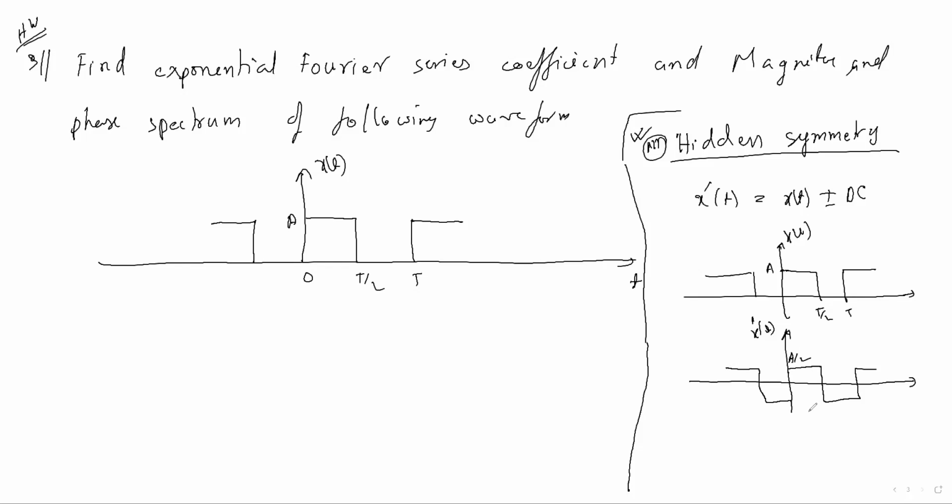This is A by 2. This is minus A by 2. I am just shifting the signal downward to make the amplitude similar. After shifting this waveform down, you can see that it is nothing but an odd signal. The hidden symmetry signals are nothing but odd signals.